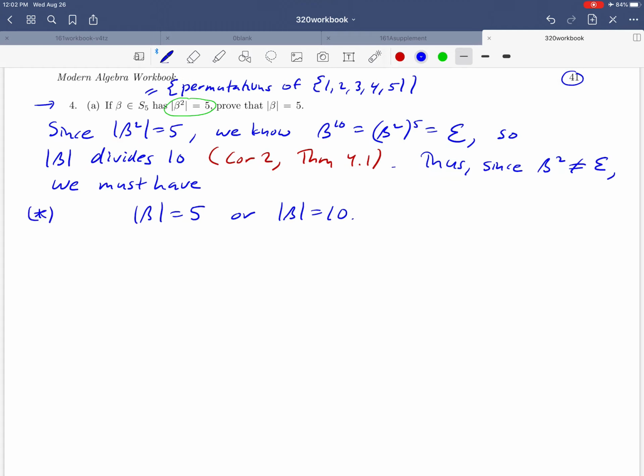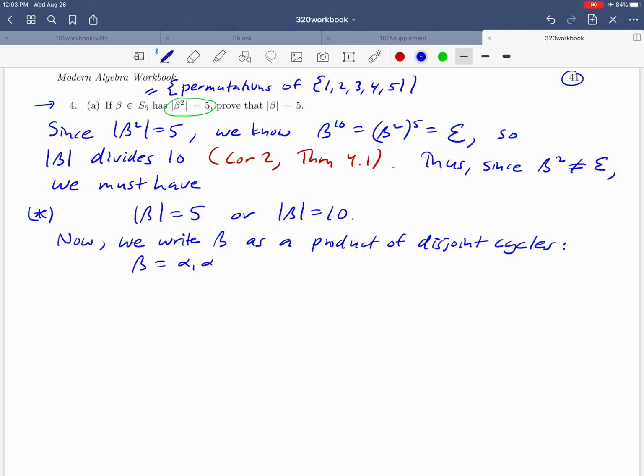I'm going to call that equation star. So to proceed here, let's make use of the fact that whatever beta looks like, we can write it as a product of disjoint cycles. So it's going to look like beta equals alpha 1 times alpha 2, and so on.